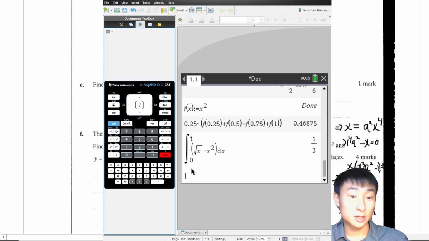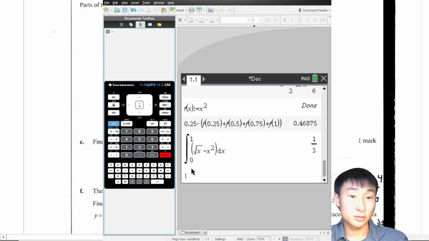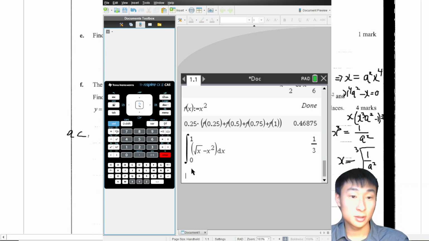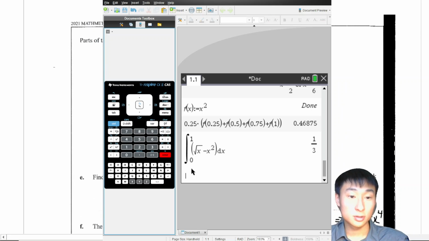If a is greater than 1, between 1 and 2, aren't you going to get a dilation that looks like this, for example, but the a value is now greater than 1, which means that you're going to get that a value here somewhere, so you're going to get this region here and this region here.